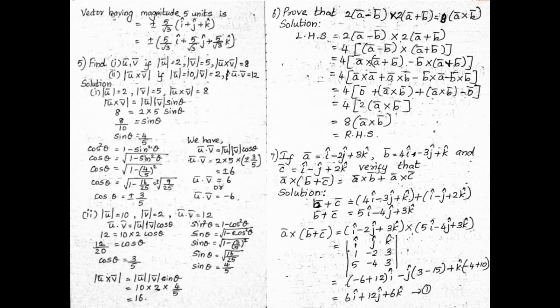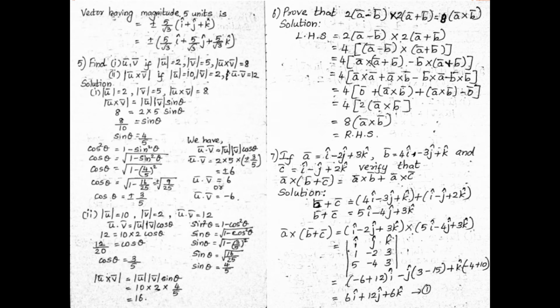Vector having magnitude 5 units is equal to plus or minus 5 upon root 3 in the bracket i plus j plus k, which is equal to plus or minus 5 upon root 3 i plus 5 upon root 3 j plus 5 upon root 3 k.